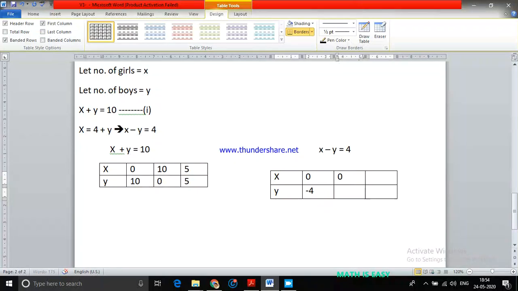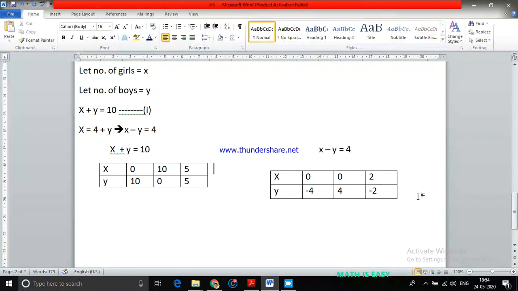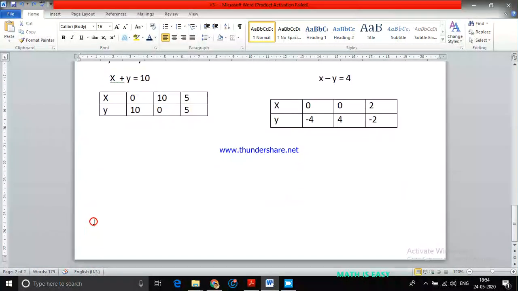If I take y equals 0, x will come as 4. Maybe I'll go for x is 2. If x is 2, y will come as -2. So now you have both the tables ready.